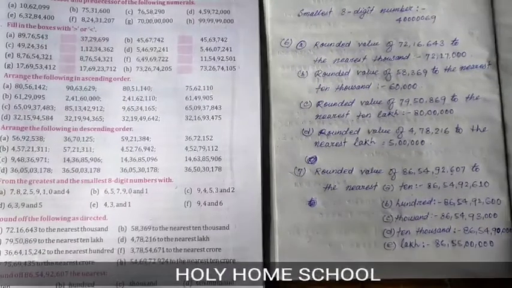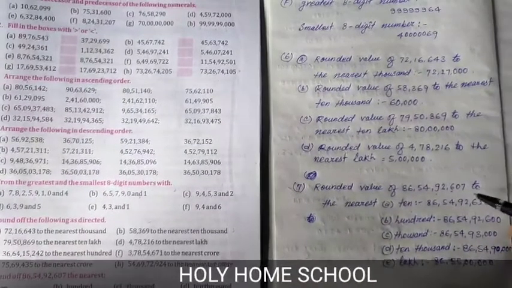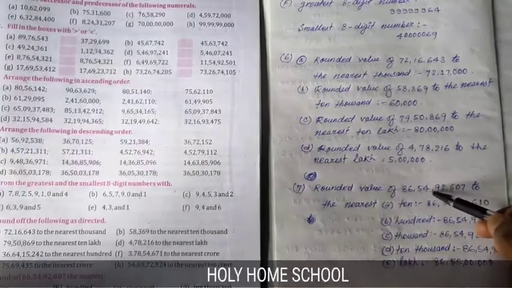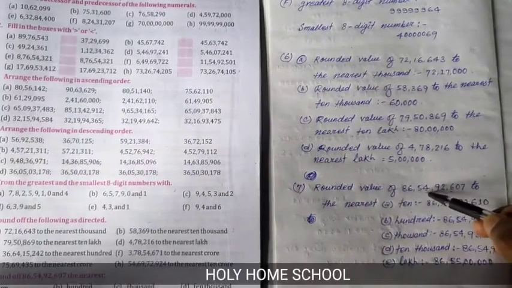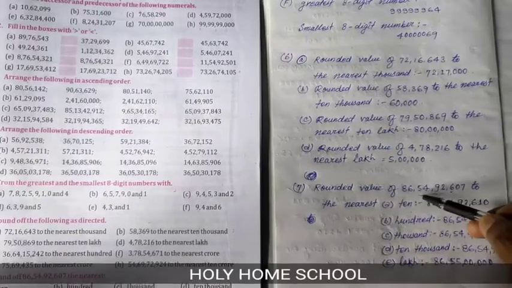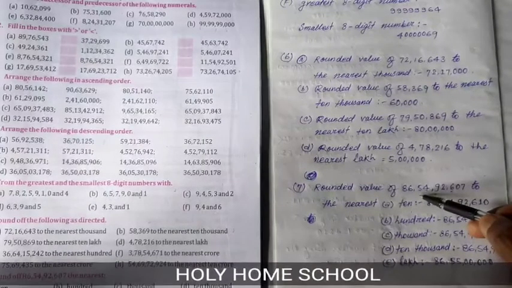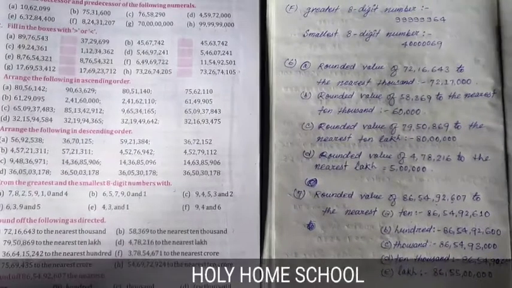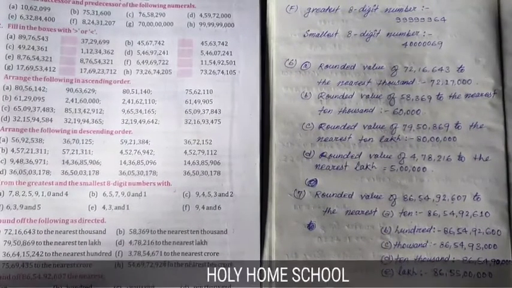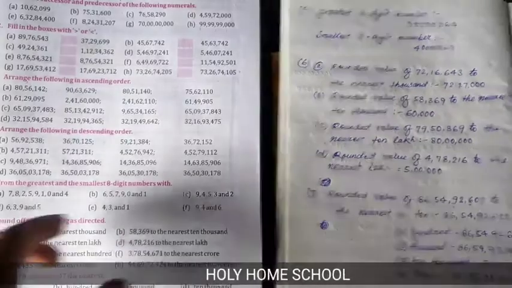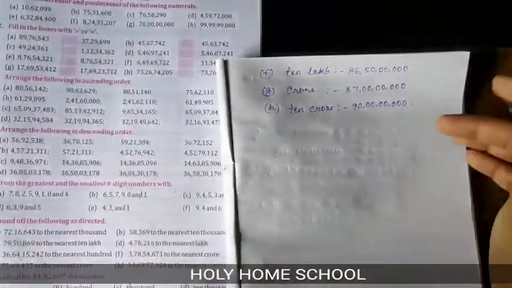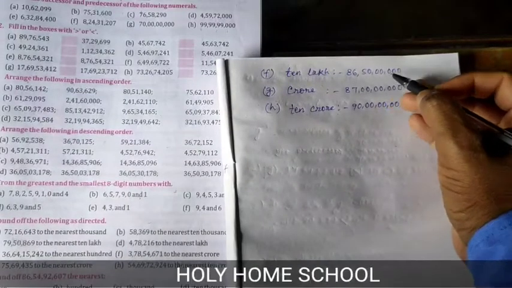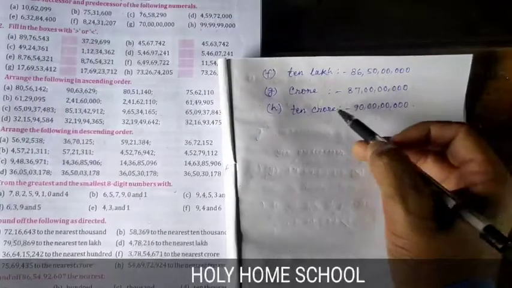Nearest 10 lakh, observe which digit comes at lakhs place, 4, so 5 will not be increased by 1, it remains constant, so it becomes 86 crore 50 lakh.